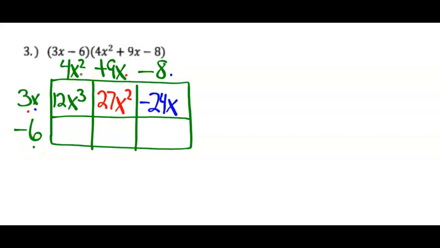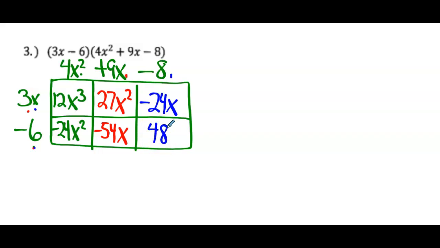My negative 6 and my 4x squared is going to give me negative 24, and my x squared is going to come along for the ride. My negative 6 times my 9x, negative 6 times 9 is negative 54, and my x comes along for the ride. My negative 6 times my negative 8 is going to give me positive 48.